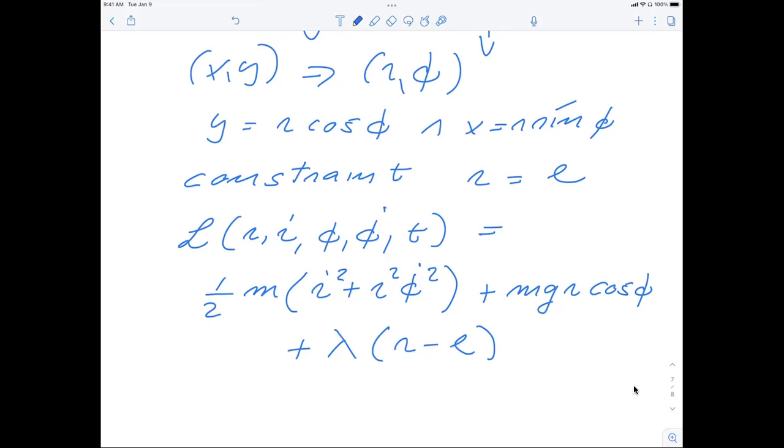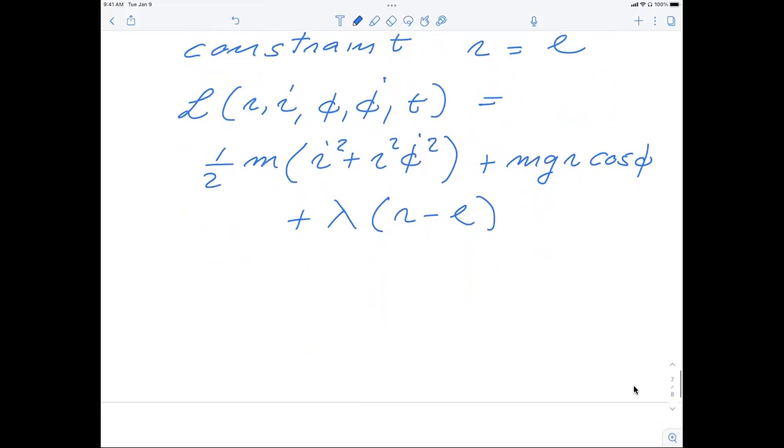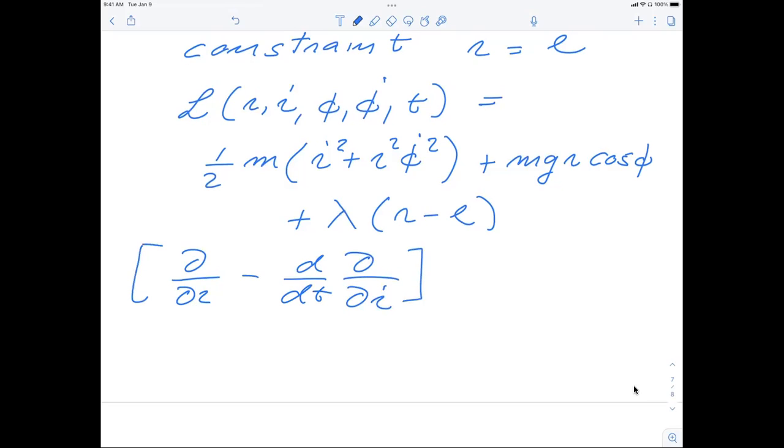What we are going to do now is simply to take the derivative with respect to r. So we take the Euler-Lagrange equation, dL/dr minus d/dt of dL/d r dot, and we require that to be equal to 0.